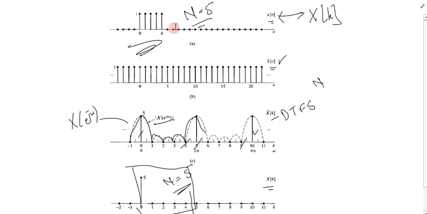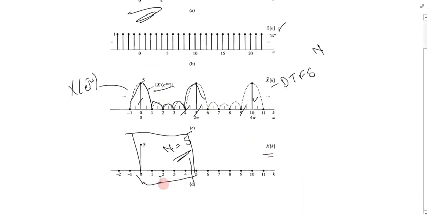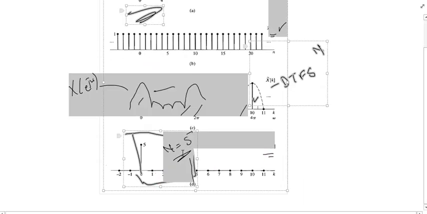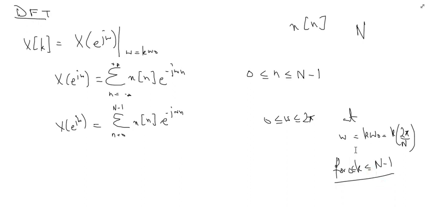If you have a 5 length signal, its discrete Fourier transform is also of N equal to 5. So if you have an N length sequence in time, its Fourier transform X of k will also be of length N.